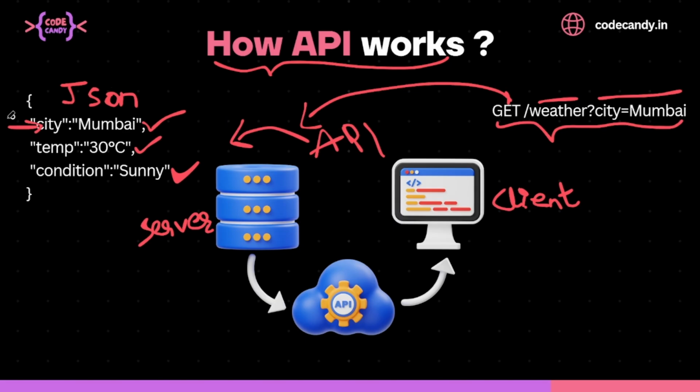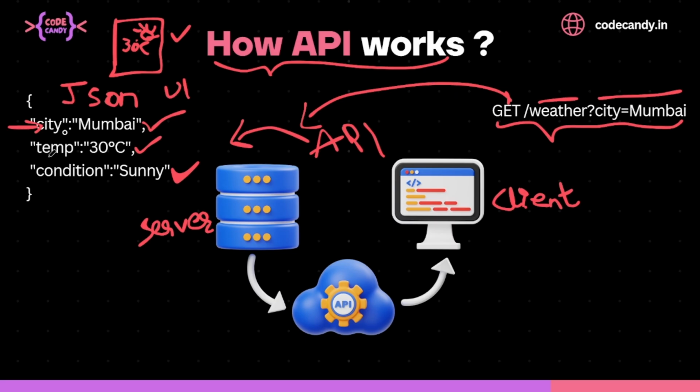Now this response we will not show directly in the app. We will show it in the form of images, like 30 degrees, it is sunny, right? In this format we will show it in our mobile apps or websites. This JSON response we take and give to the UI.